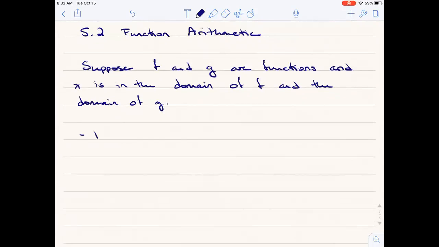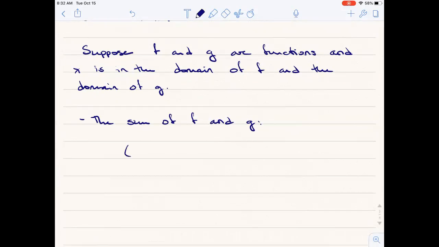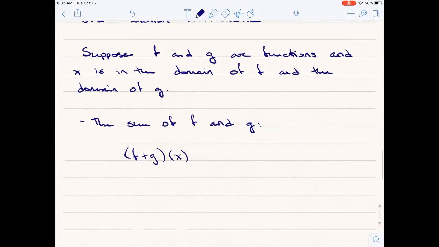We can find the sum of f and g, and we denote it by f plus g in brackets and then of x. But what we do is we just say that's the same as f of x plus g of x. So f plus g of x is a function itself, right? But it's just f of x plus g of x.